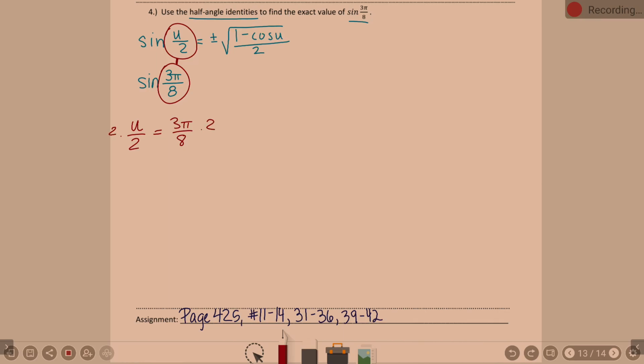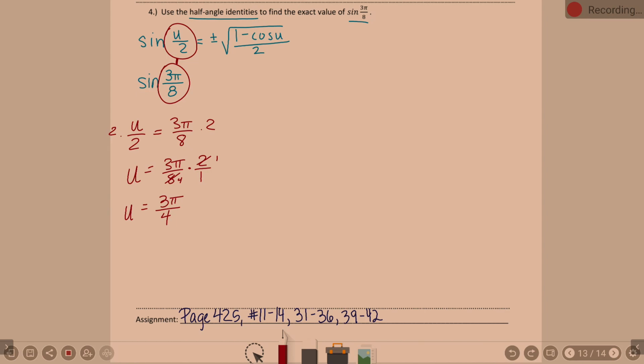So u is 3 pi over 8 times 2, which is multiplying by 2 over 1. What do we get? 6 pi over 8, which becomes 3 pi over 4. That right there is what we're going to use as u.